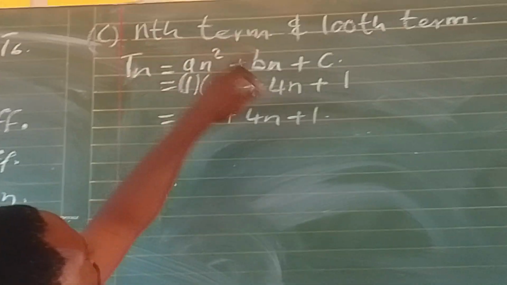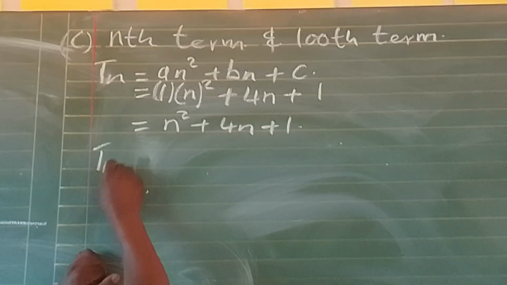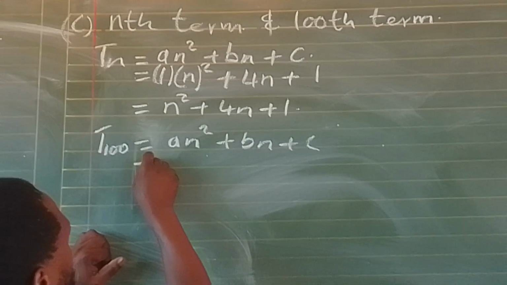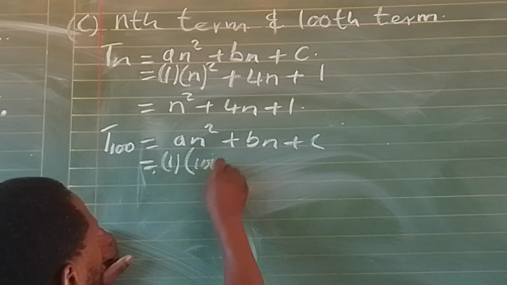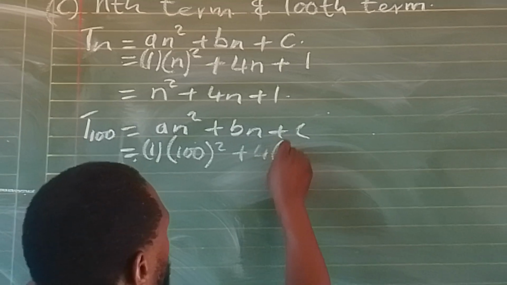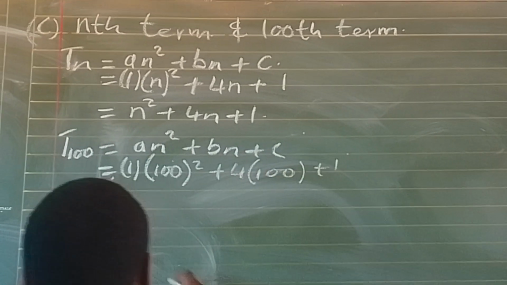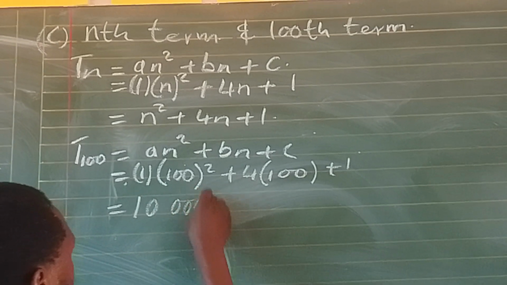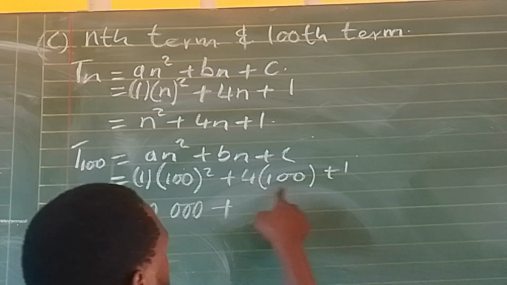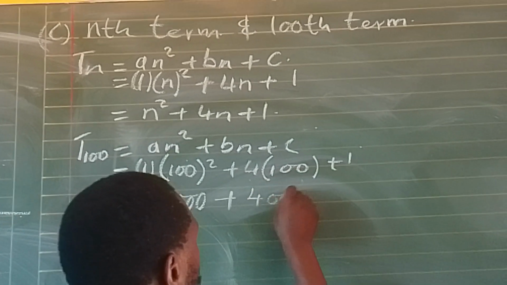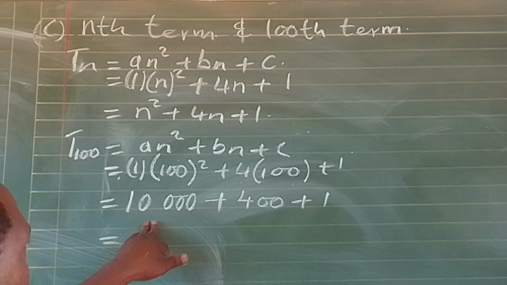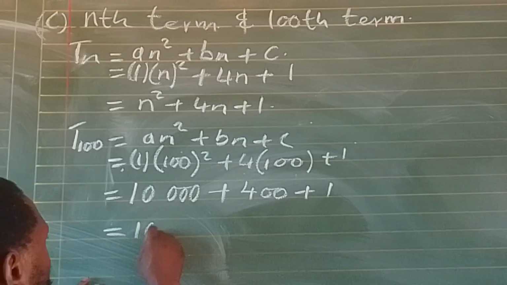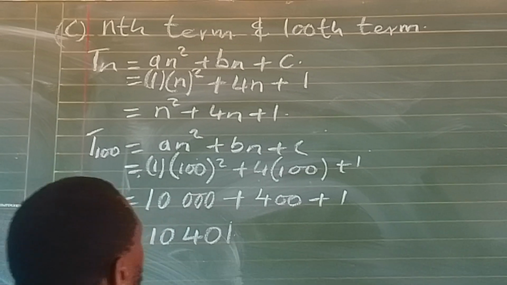We have found the nth term, then let's find the 100th term. T100 is equal to an squared plus bn plus c, which is going to be 1 multiplied by 100 squared plus 4 times 100 plus 1. 100 squared is 10,000. 4 times 100 is 400, plus 1. 10,000 plus 400 plus 1 is 10,401.